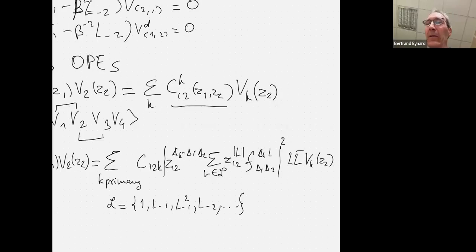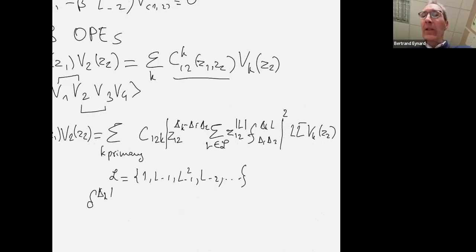Then we have these coefficients F, which are known in principle because they are determined by conformal symmetry, and there is a normalization that the coefficient F for the identity creation mode is just 1.